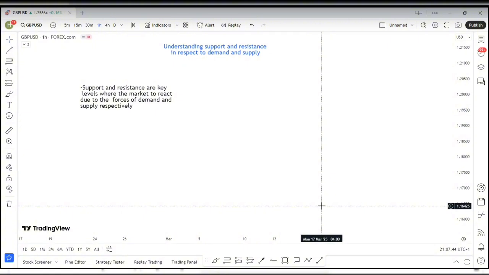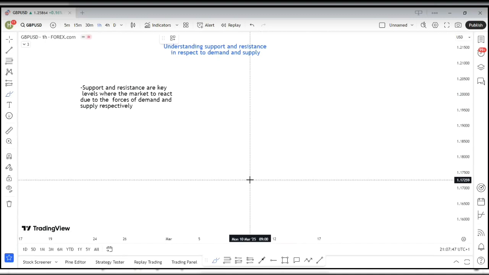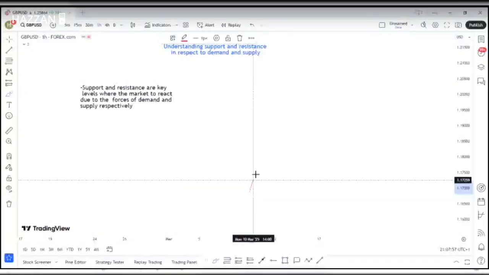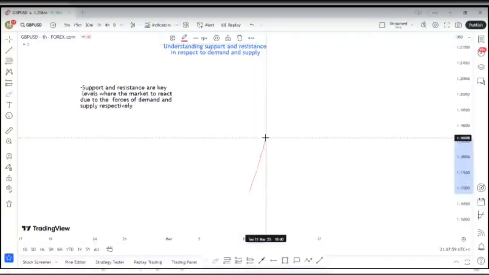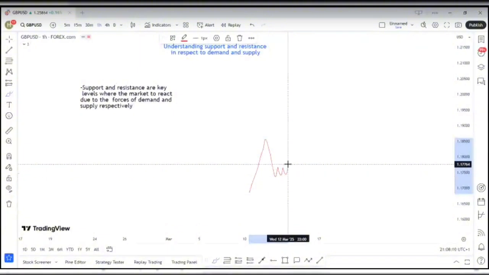So pay attention. Demand is when there are buyers that are willing to push price up. We have something like this: a pullback into this zone, then price ranging around this zone.